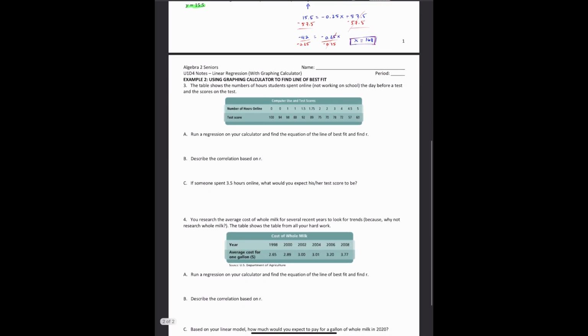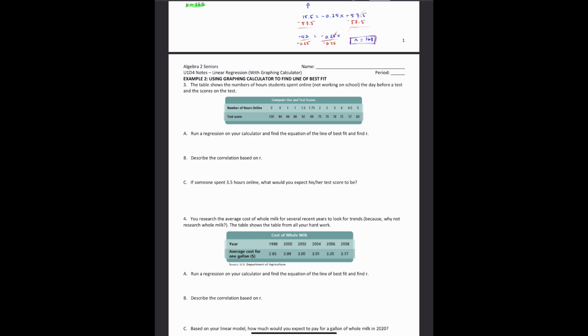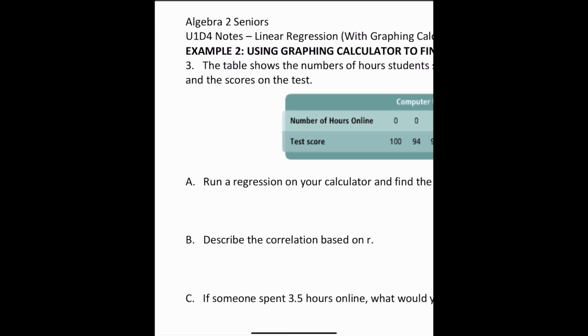All right, so we're going to flip to the back side of the notes. We're going to use a graphing calculator to find the line of best fit. So in order for us to run a linear regression, we need to make sure that we turn the stat diagnostics on. So let me go ahead and outline the steps for you. In order for you to turn the stat diagnostics on, you need to follow these 3 steps.